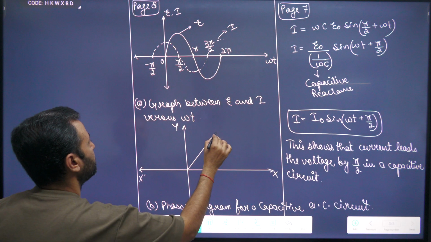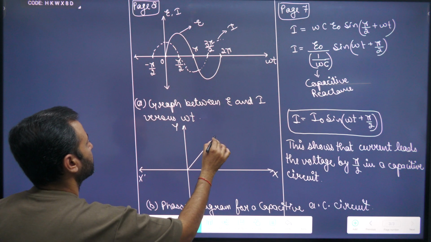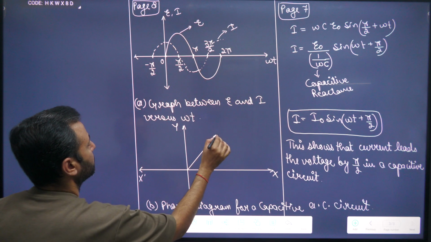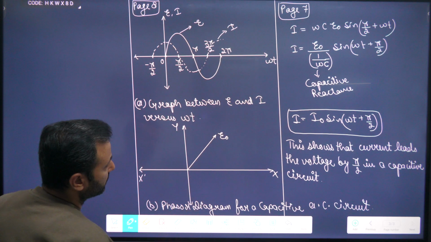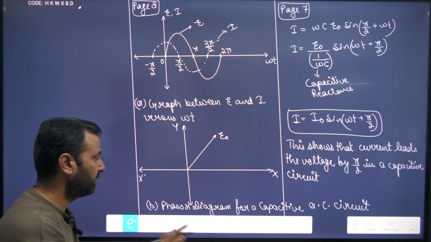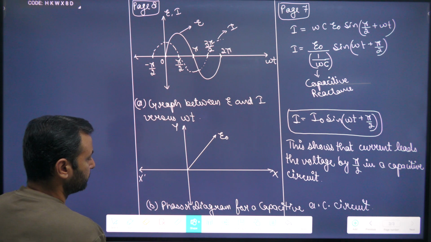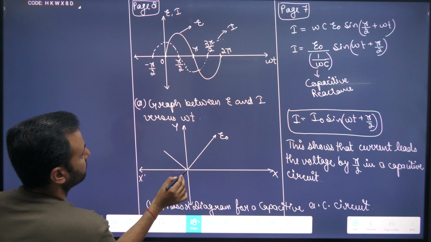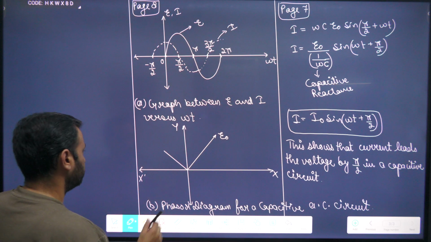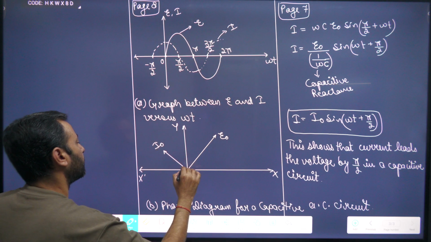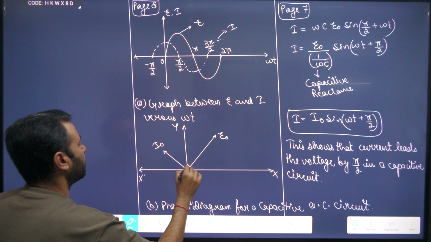We always draw E naught here in the first quadrant. This is E naught, and in this case the current is leading ahead of this EMF by pi by 2, so it is leading ahead by 90 degrees.